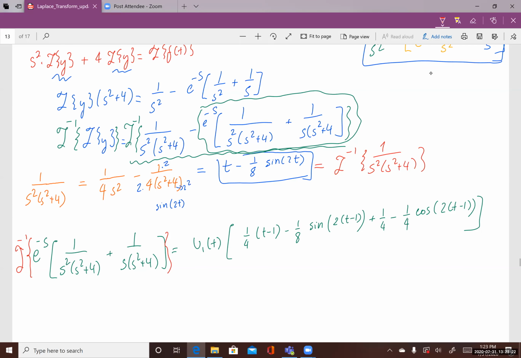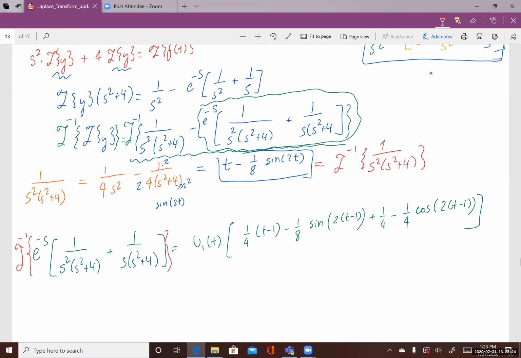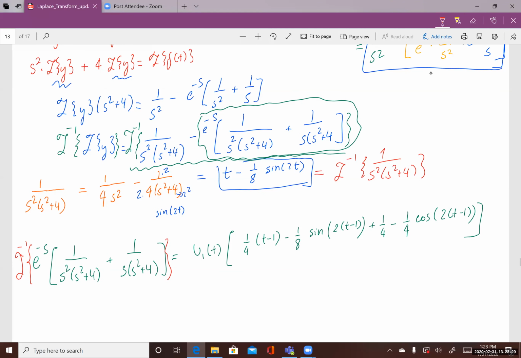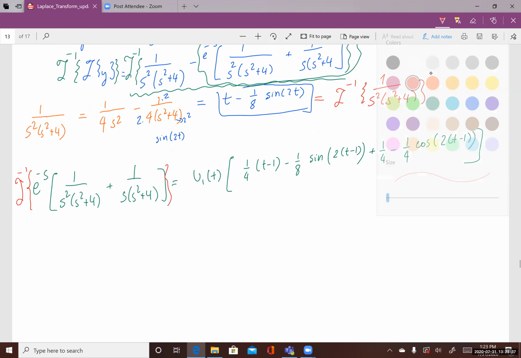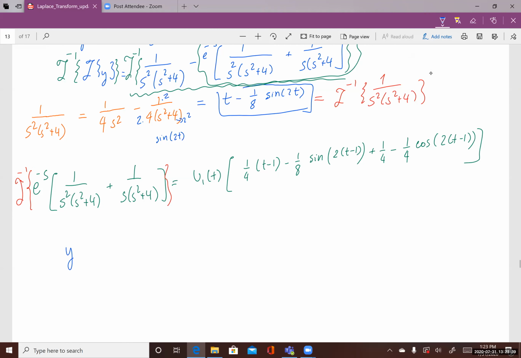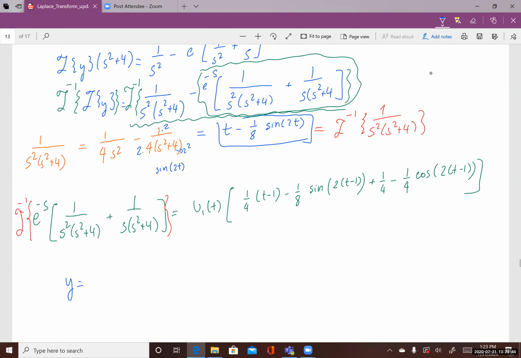Okay. Well, now we found the inverse of this function, we found the inverse of this function. That means we found y. That means y equals t minus 1 over 8 sine 2t.